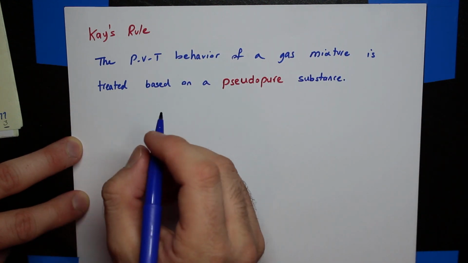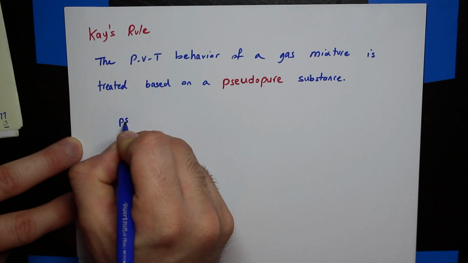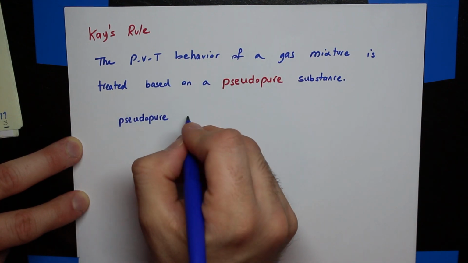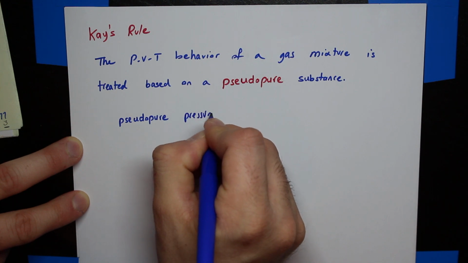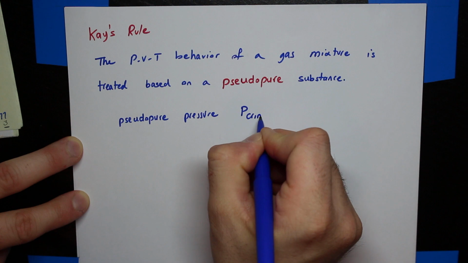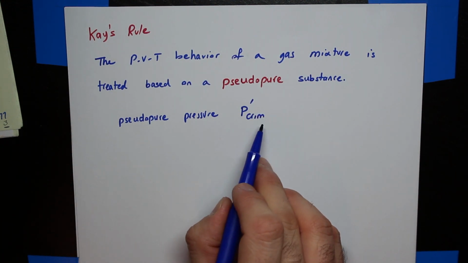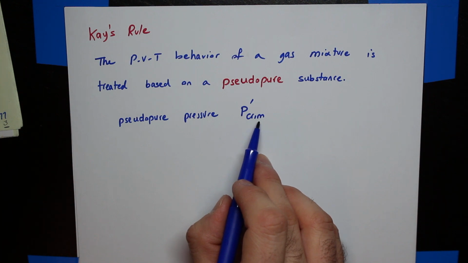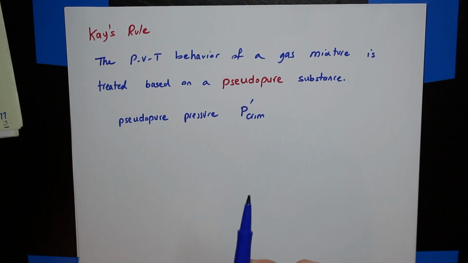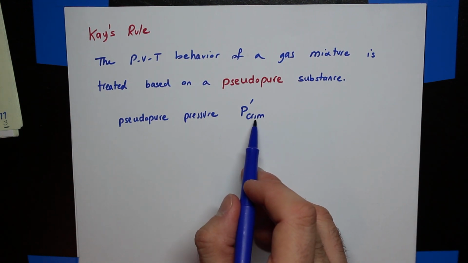Basically, we are defining a pseudo pure critical pressure. This is the critical pressure of the mixture, but we are considering the mixture as a pseudo pure substance. Basically, we are considering the mixture as a new substance which has its own properties.